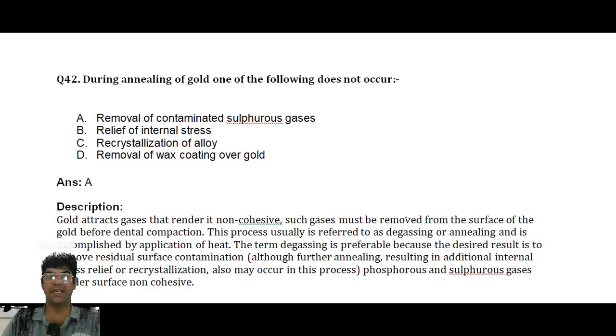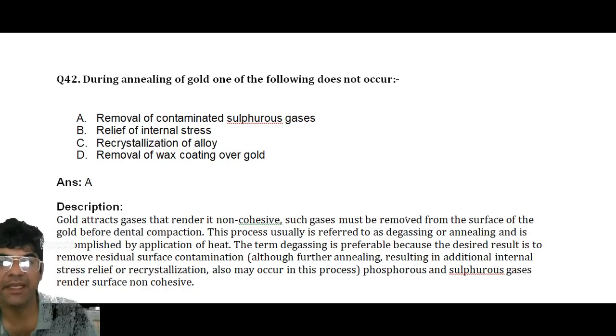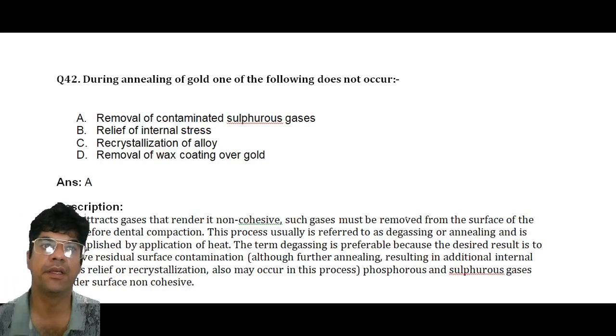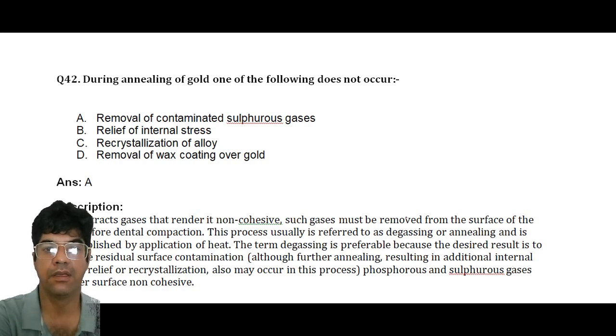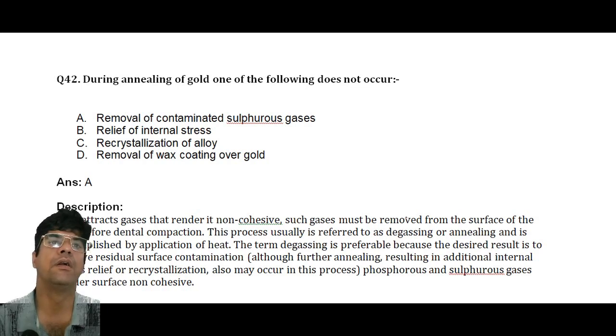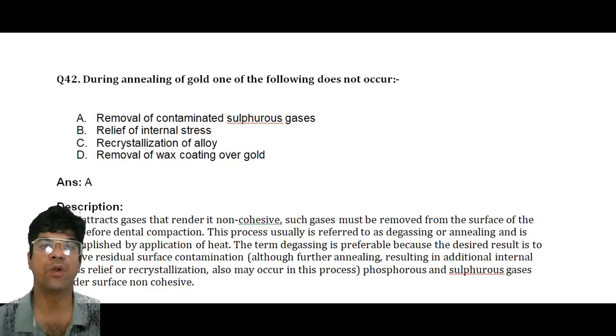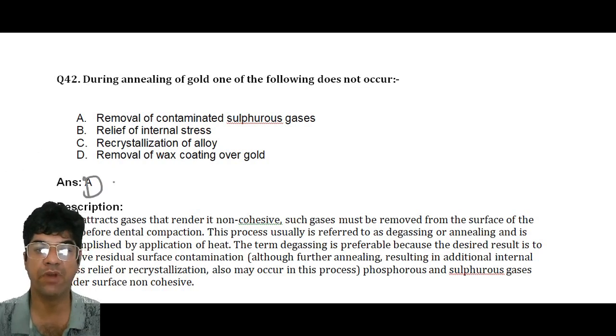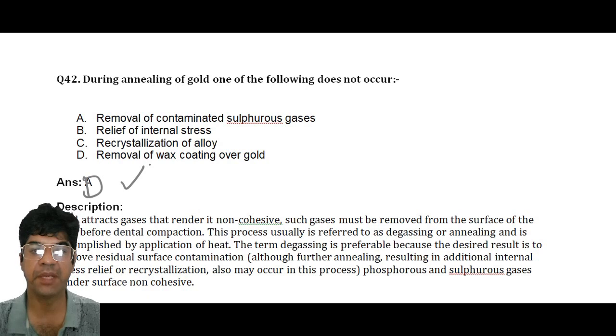The annealing process helps to relieve the internal stresses in the gold, making it more workable and less prone to brittleness. Annealing can also result in recrystallization of the alloy. So removal of wax coating over gold is the one that does not occur with the annealing.